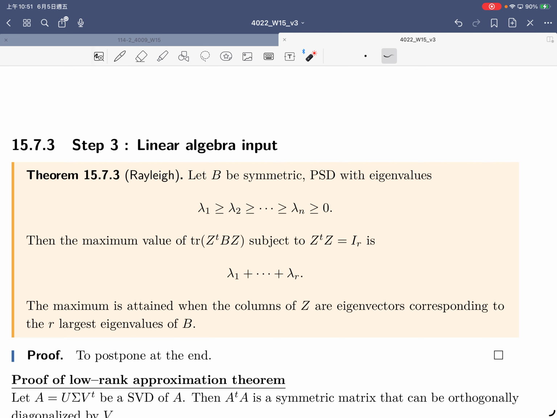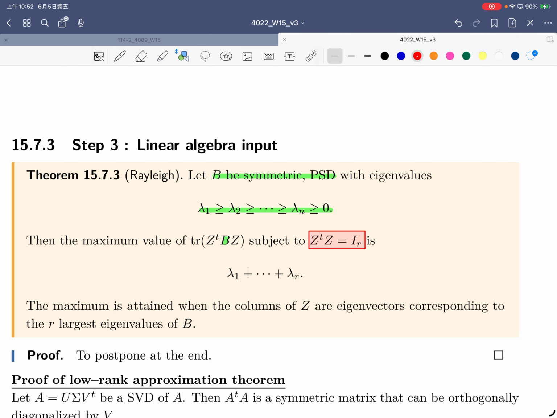So it turns out when you have a positive semi-definite matrix B, because it's symmetric, all the eigenvalues are real, and also because it's positive semi-definite, all the eigenvalues are greater than or equal to 0. Then the question is, what is the maximum value of the trace of Z transpose B Z subject to the constraint that we studied just now?